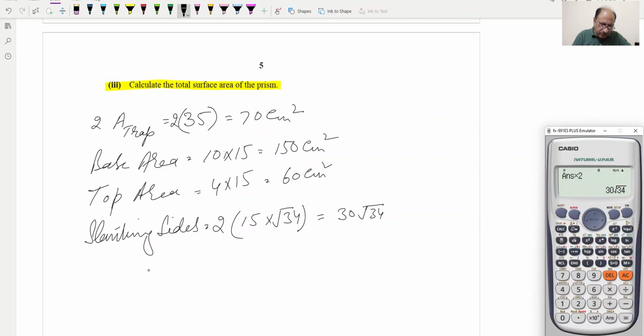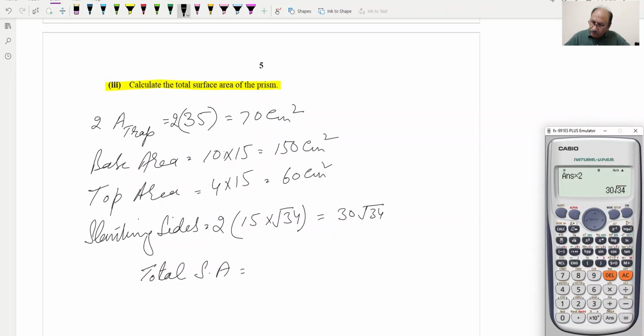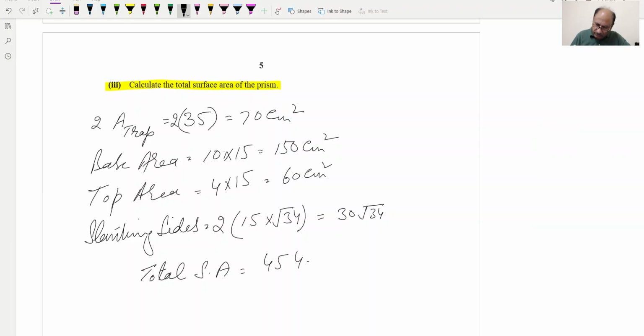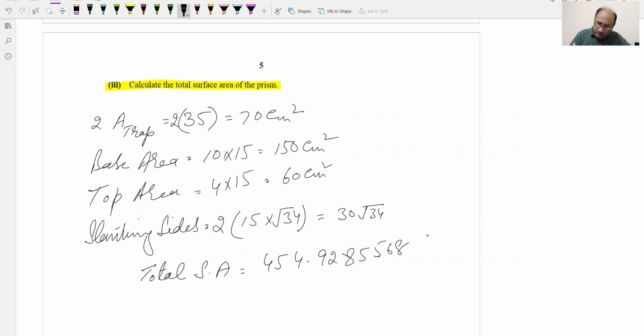Now we can add the total surface area. Total surface area will be equal to 30 root 34 plus 60 plus 150 plus 70, which is equal to 454.928558 on the calculator.